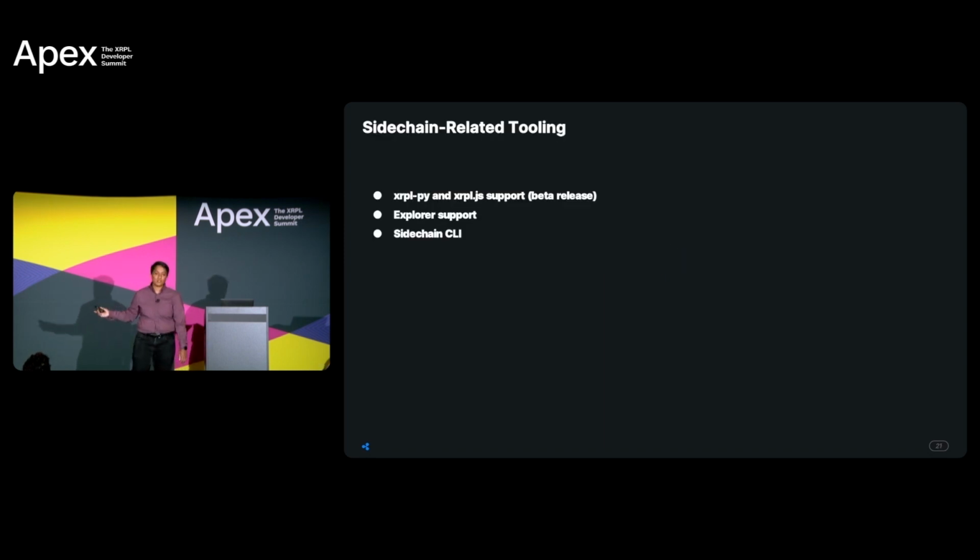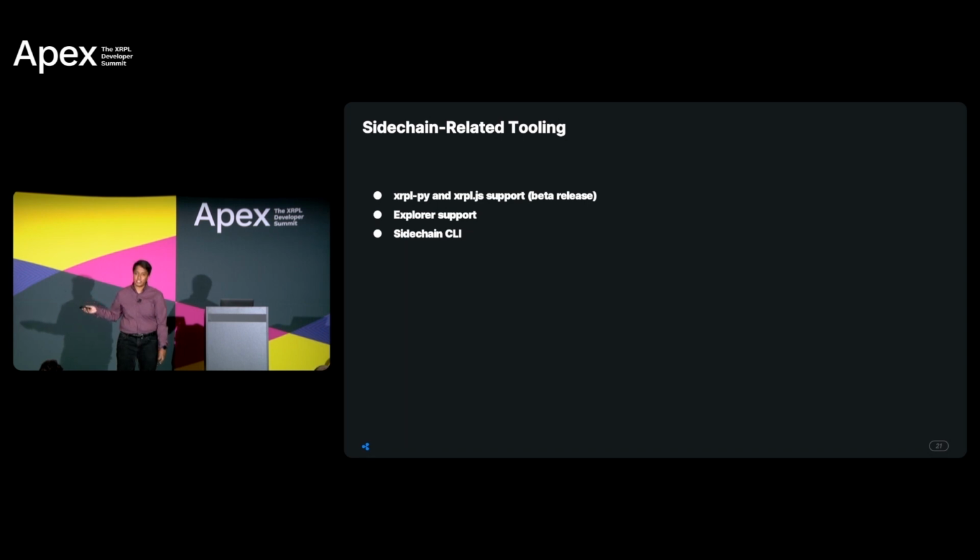So in terms of tooling, how do we make this easier for you to work with? Because it can be a little complex. Well, there's betas out for XRPL-Py and XRPL-JS that have these new features, that have all these transactions, modifications to the requests, all of that built in. Then there's Explorer support, which is in progress. I will demo it a little bit later.